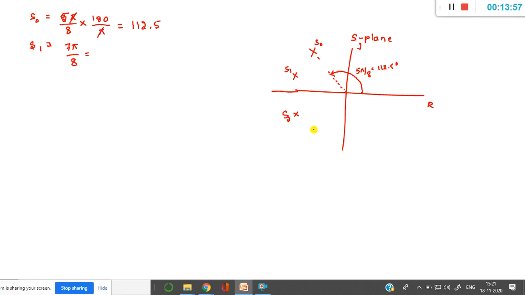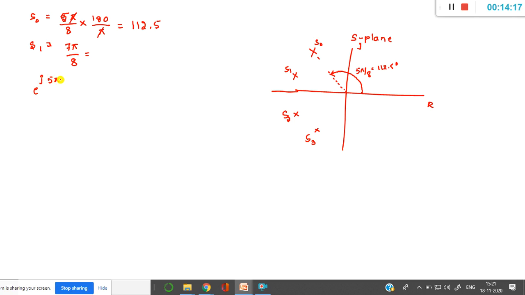S2 will be the complex conjugate of S1, and S0 will be the complex conjugate of S3. Now why am I telling you it is a complex conjugate? Just write these two values.